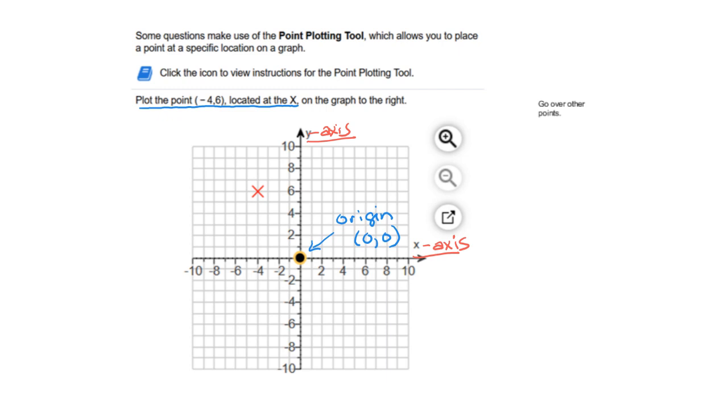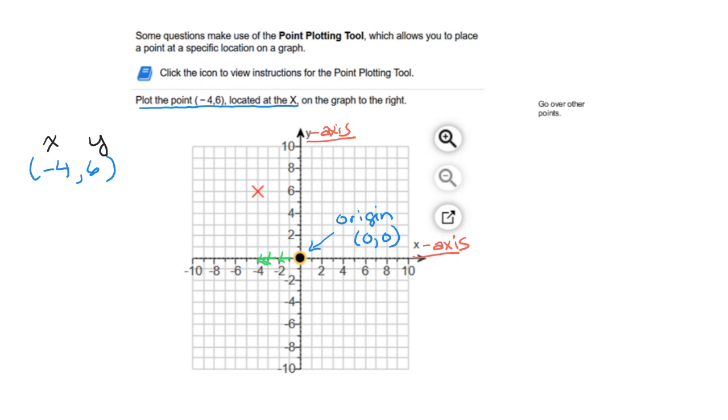To plot a point, we want to start right at the origin where that black solid dot is. And we're going to look at our ordered pair, (-4, 6). Once again, remember that the -4 represents the x-coordinate, the 6 represents the y-coordinate. So x is -4, and since x is negative, we're going to move to the left from the origin, 4 units to the left.